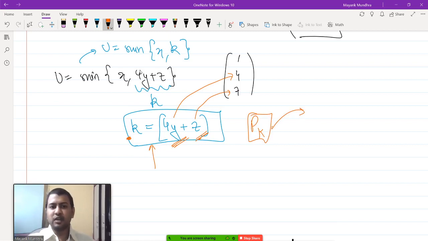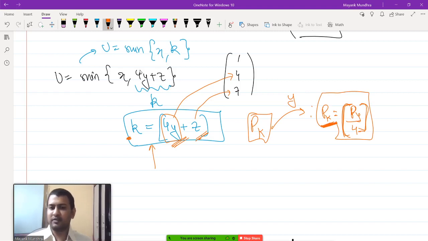If I produce K using Y, then the price of K will be equal to price of Y upon 4, because 1 by 4 units of Y can produce 1 unit of K. So if I just buy 1 by 4 units of Y, it's going to cost me Py upon 4. So with Py upon 4 amount, I can produce 1 unit of K. So the price of K becomes Py by 4.